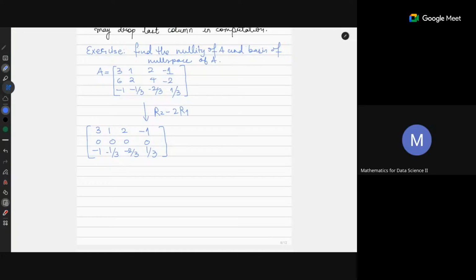Now, what next? R1 by 3. That gives 1, 1 by 3, 2 by 3, minus 1 by 3, 0, 0, 0.